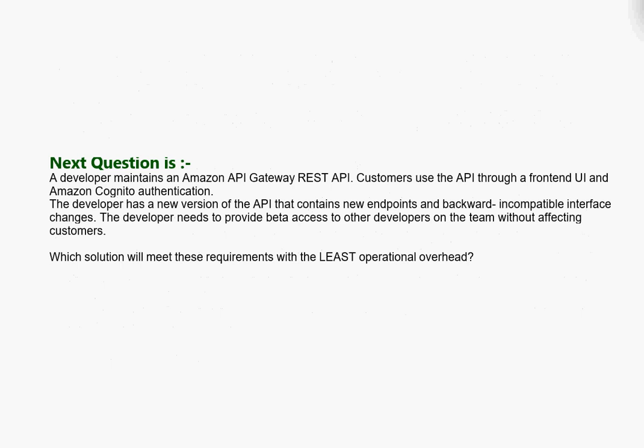The next question is, a developer maintains an Amazon API Gateway REST API. Customers use the API through a front-end UI and Amazon Cognito authentication. The developer has a new version of the API that contains new endpoints and backward incompatible interface changes.